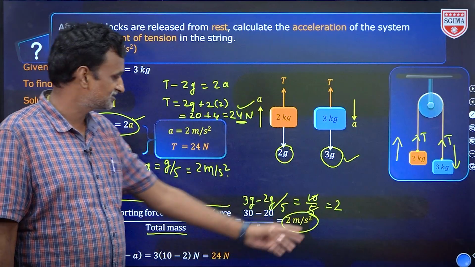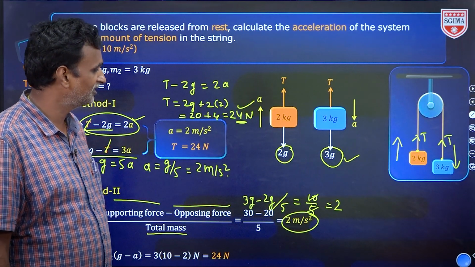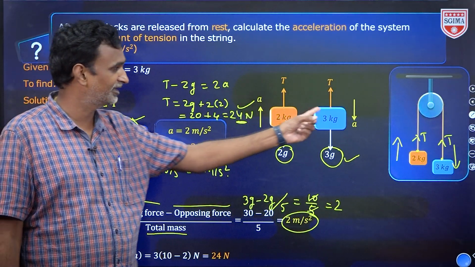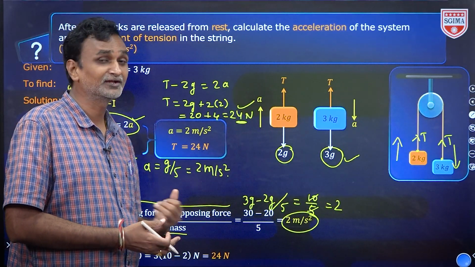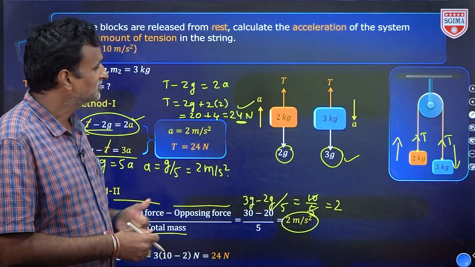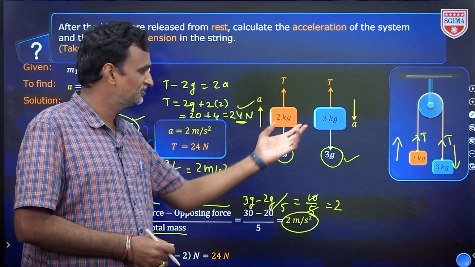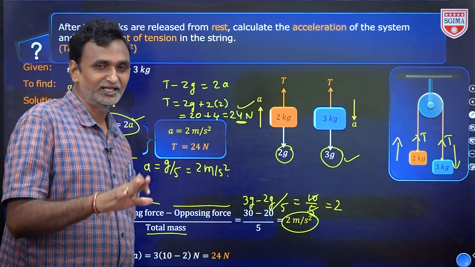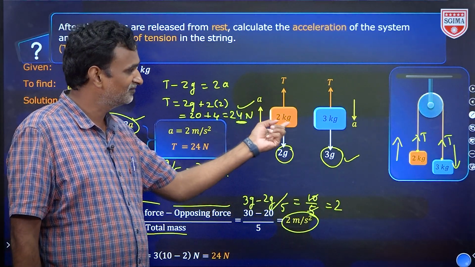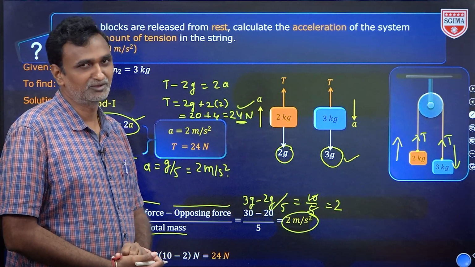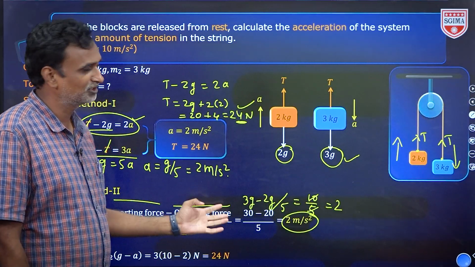Then after that we can write the same value in any one block's free body diagram, using which we need to write the net force equation. Okay? So in that net force equation you substitute this acceleration. To find the tension value, definitely we require one net force equation minimum, and acceleration we can solve easily.